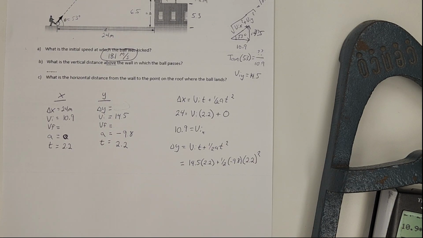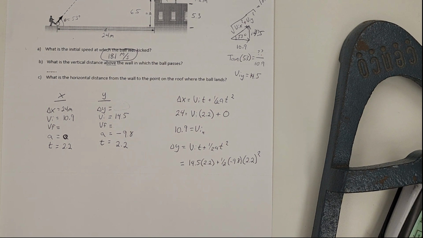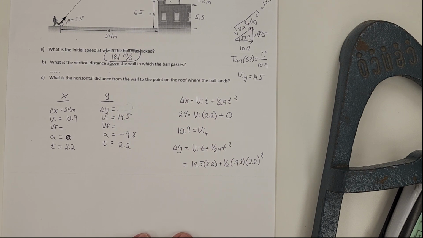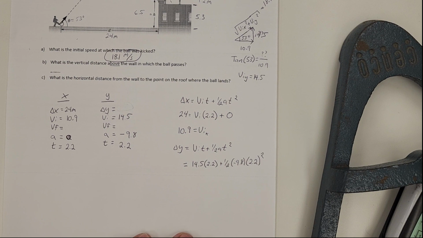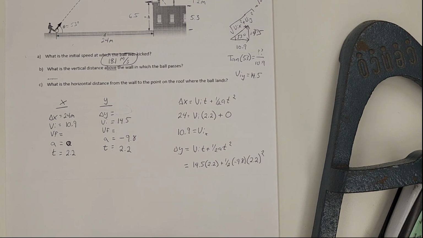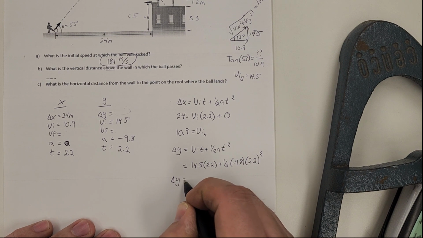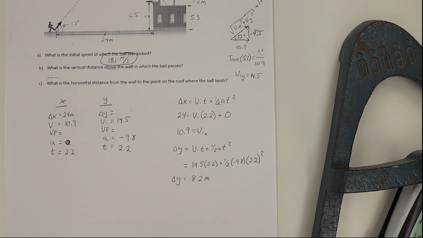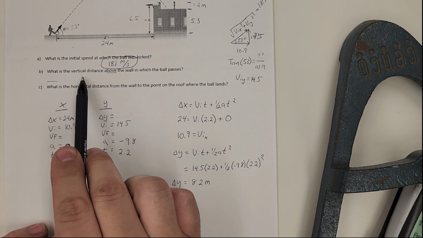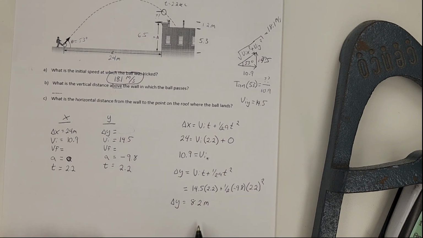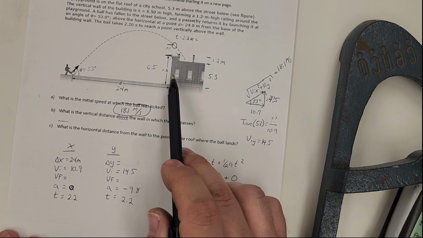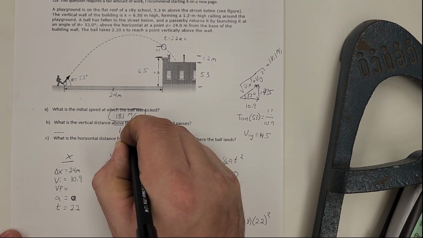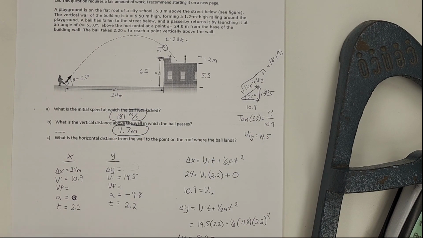Let's plug that into our calculators: 14.5 times 2.2 plus 0.5 times a negative 9.8 times 2.2 squared. And we get a change in Y equal to 8.2 meters. Well, we have to minus the 6.5 because the question wants the distance above the wall. So 8.2 minus 6.5 gives us 1.7. That's 1.7 meters.